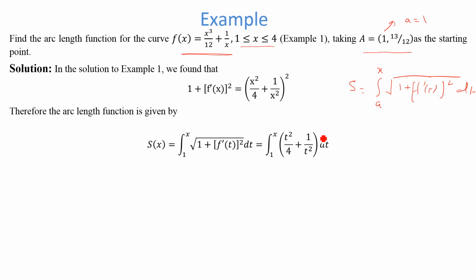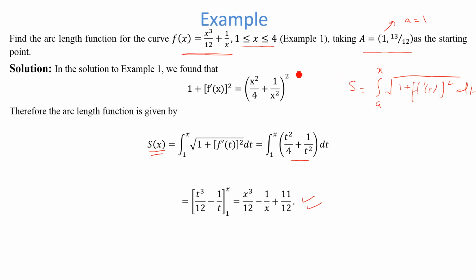By plugging these values in, because a is 1, and solving, now just integrate this, and you have to verify it yourself. Just plug in the values and you will have this result, because this is squared, and this squared will give us x squared over 4 plus 1 over x squared, and since this is a function of t, we have t squared over 4 plus 1 over t squared, and by integrating we have this result. So this is s(x), that is arc length as a function of x.